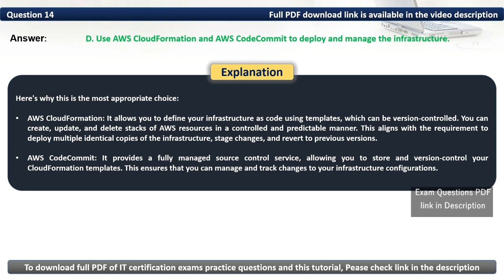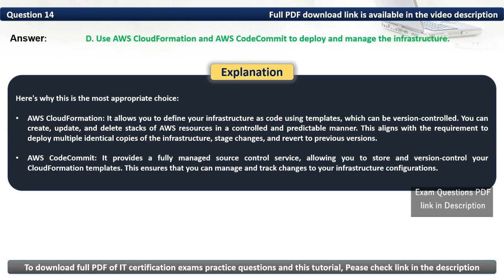Here is why this is the most appropriate choice. AWS CloudFormation: it allows you to define your infrastructure as code using templates which can be version controlled. You can create, update, and delete stacks of AWS resources in a controlled and predictable manner.